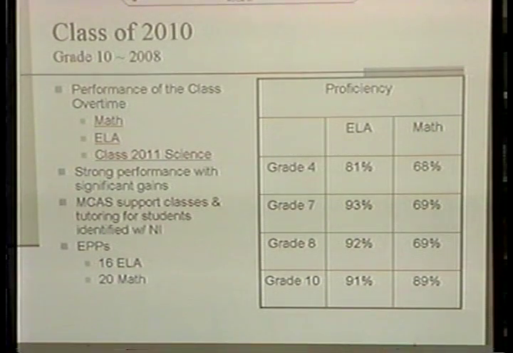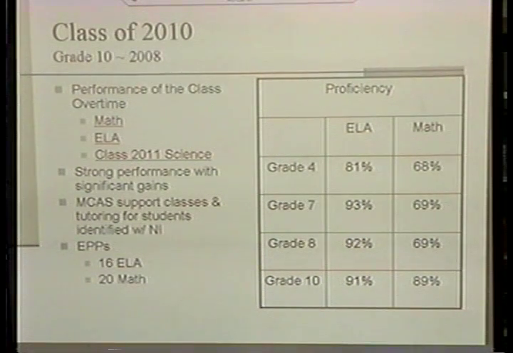The high school does a fantastic job with that 2-year span that they get in 9th and 10th grade. They have targeted support. They have MCAS support classes and tutoring for students who've been identified with needs improvement. They can either get it in the course of their day, or they can get additional tutoring during Power Block.